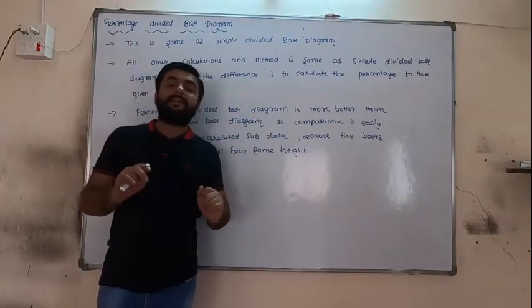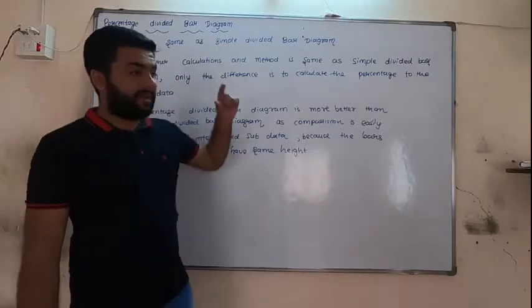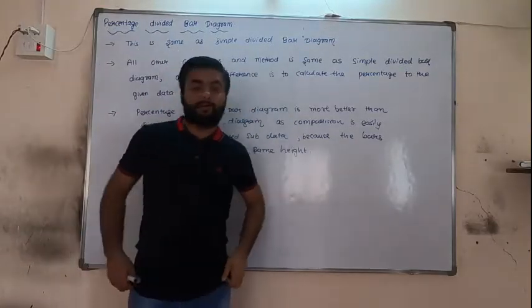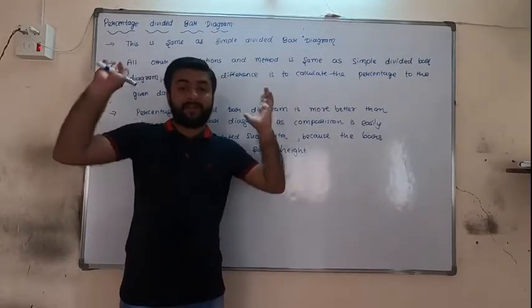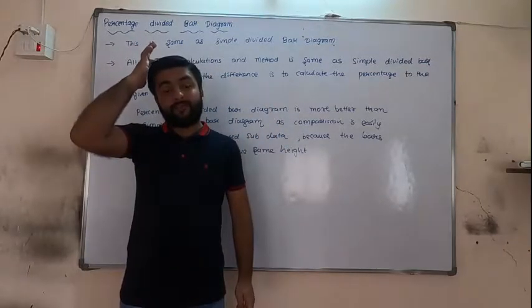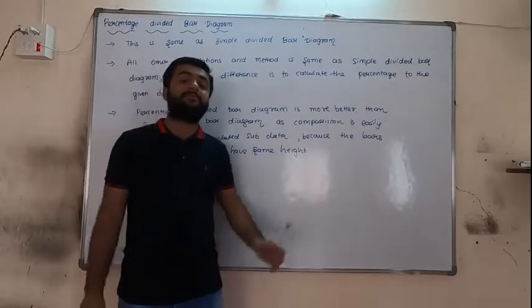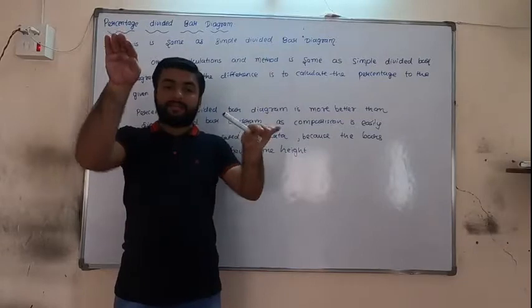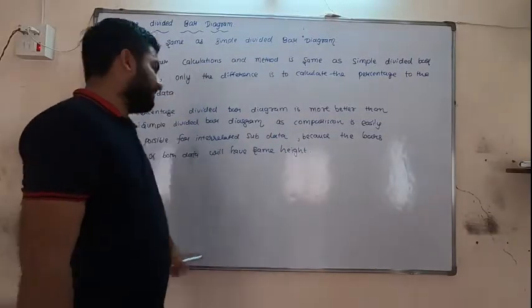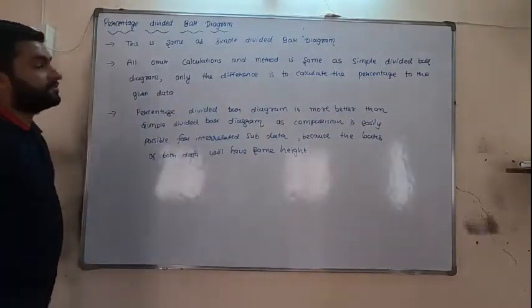So easy comparison was not possible; we had to check the centimeters covered. But here it will be easy because percentages total 100. We have to make the bar diagram based on percentage. So both will have the same height and comparison will become easy. Okay, so this much you will write.